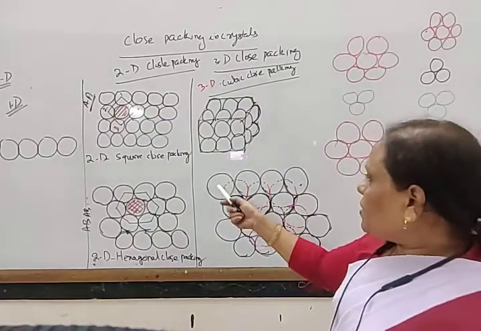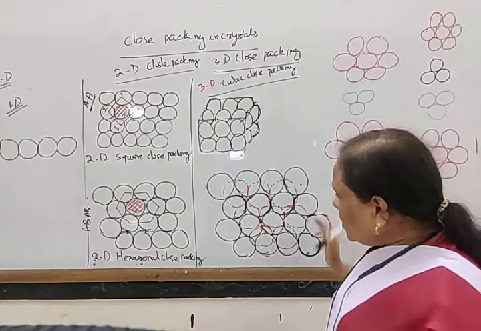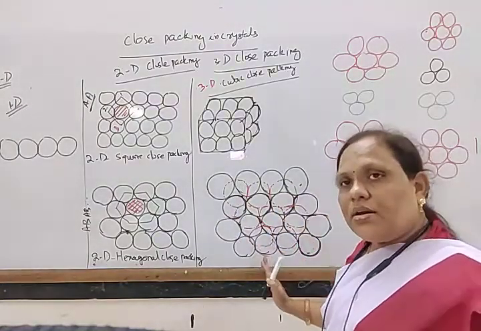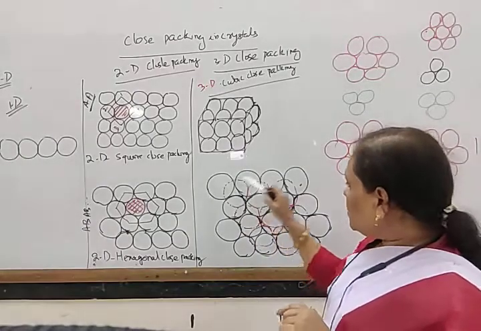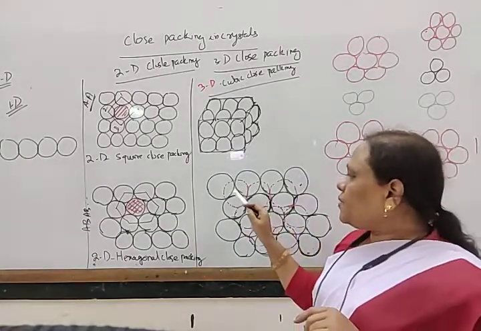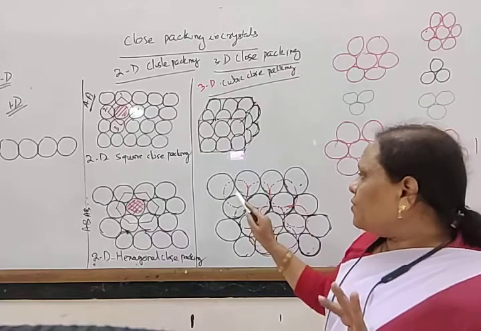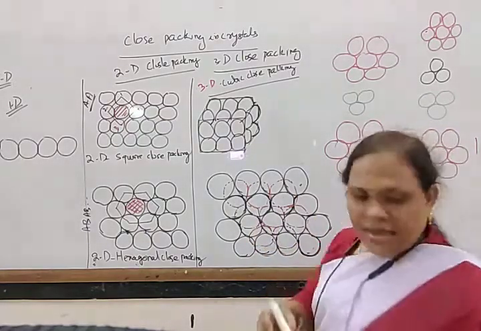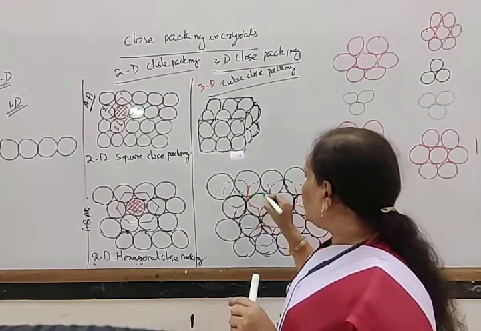Look here. In black pen, this is one layer, and in red color, this is another layer. When we consider the first layer, there are two types of interstitial space. One type of interstitial space I have marked in red, green color.